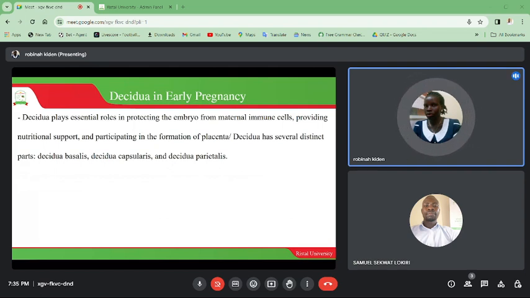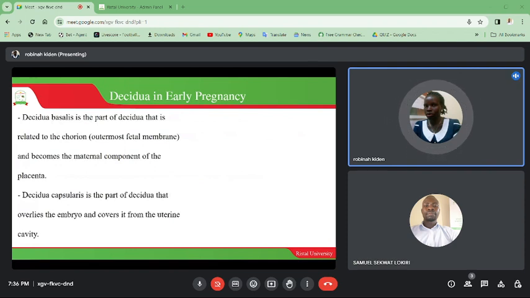and participating in the formation of the placenta. The decidua has several distinct parts, and these are the decidua basalis, decidua capsularis, and the decidua parietalis. Those are the parts that are formed when the endometrium is transformed into the decidua. So the decidua basalis is the part of the decidua that is related to the chorion.